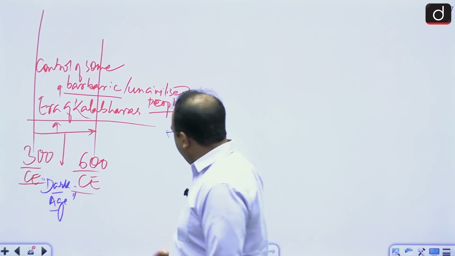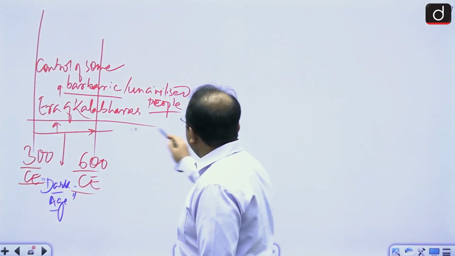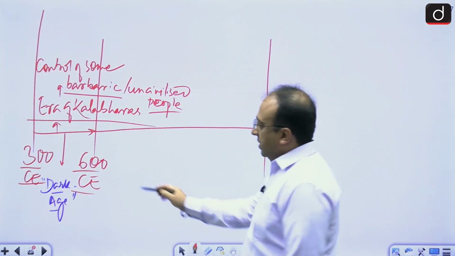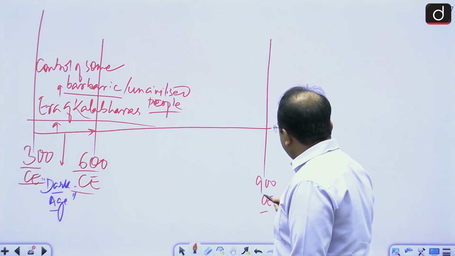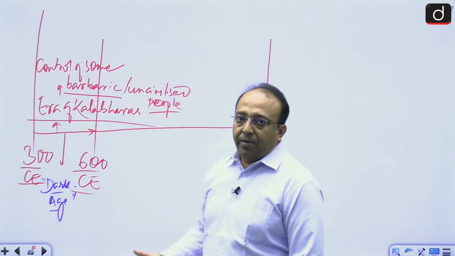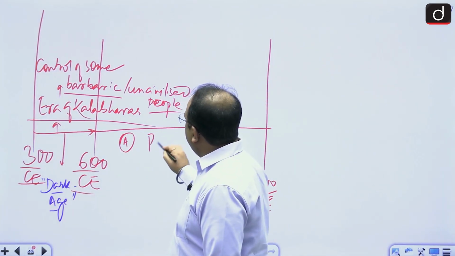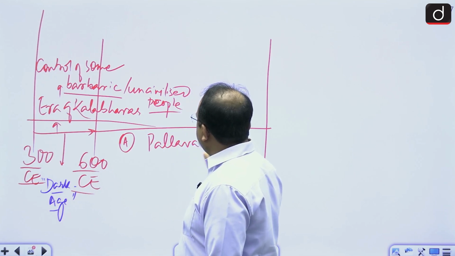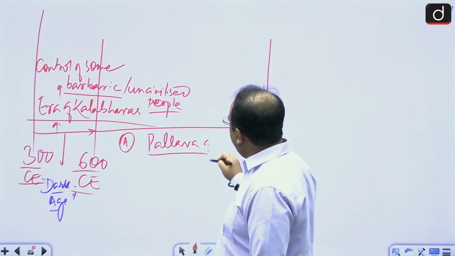Then we witness the emergence of a new era. From 600 CE onwards till 900 CE, we see very contrasting developments in South India. First one was the Pallava dynasty, which emerged in South India in this period. Pallavas of Kanchipuram.